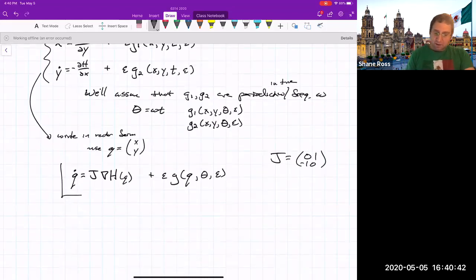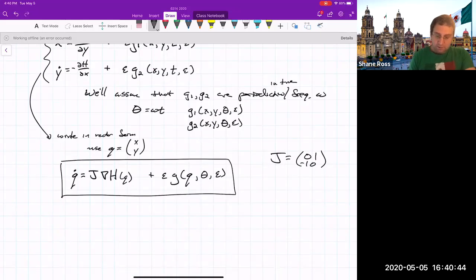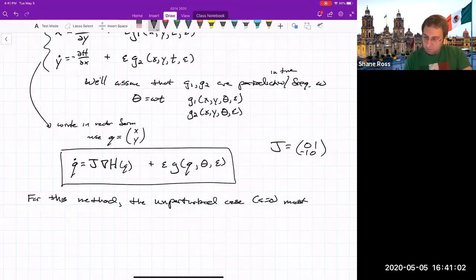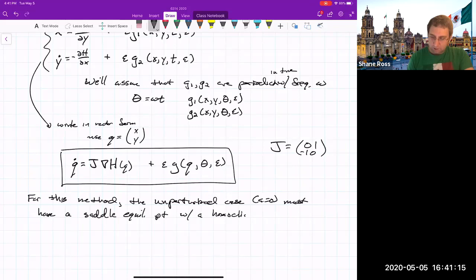Now for this method to work, the unperturbed case, which means epsilon equal to 0, must have a saddle equilibrium point with a homoclinic orbit.